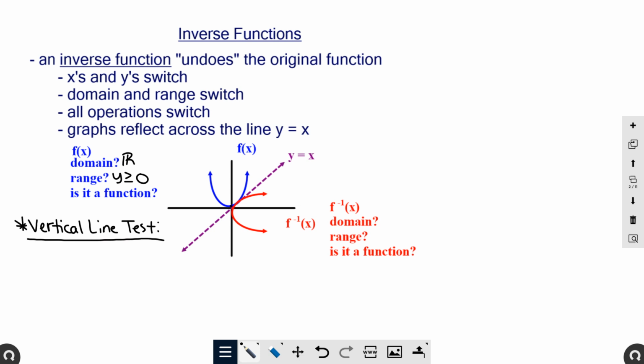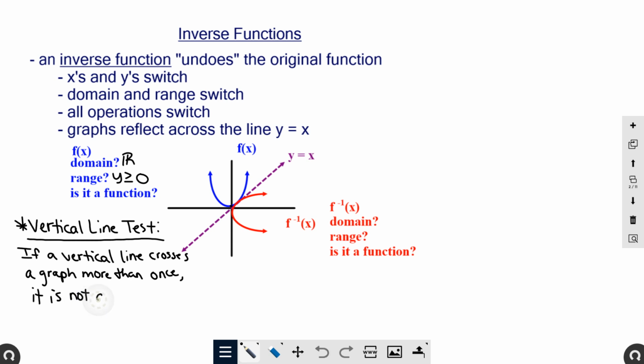The vertical line test says if a vertical line crosses a graph more than once, it is not a function.